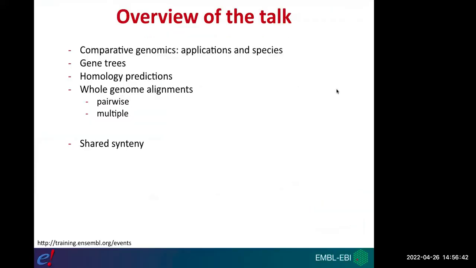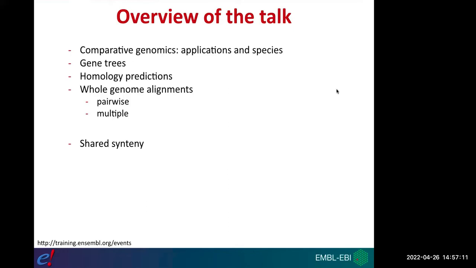First of all, I wanted to think about what we're going to talk about in this module. First, we're going to think about the applications of comparative genomics and the different species that we have in Ensembl and how we perform those analyses. Then we're going to think about the different types of analyses that we perform. The first thing that we're going to do is look at gene trees and homology predictions.